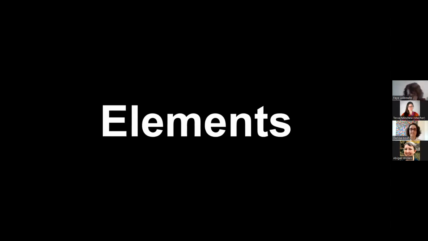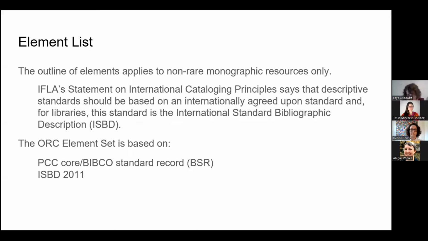I'll talk a little bit about the elements of the ORC. We decided to focus initially on non-rare monographs. And as Denise has mentioned before, there are already a lot of guidelines for other types of materials, such as rare books, and CONSER has developed a lot of free resources relating to serials.